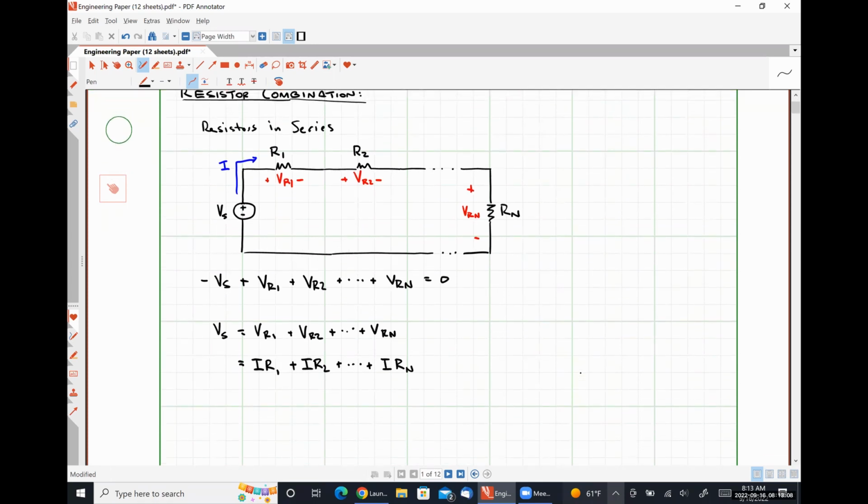And we can now observe that we have a common factor of I flowing through all of these elements. And so if we factor that out, we have I times R1 plus R2 all the way out to R sub n.